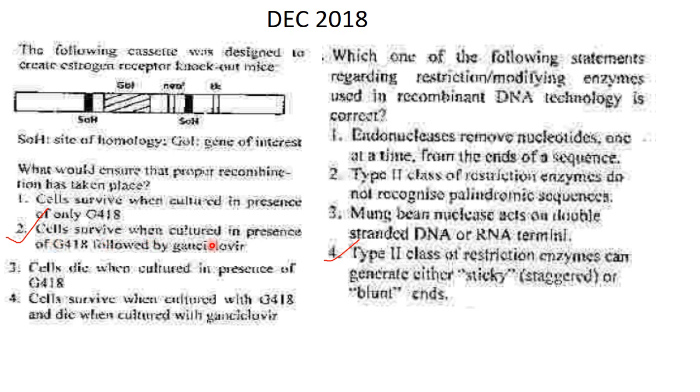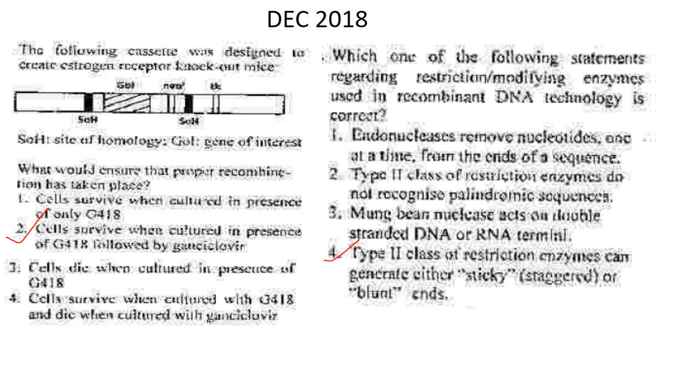Cells survive when cultured in presence of G418 followed by ganciclovir. That is correct. Cells die when cultured in presence of G418. No, they survive. Cells survive when cultured with G418 and die when cultured in ganciclovir. That is in the case of non-recombinants. So the answer here is option 2.